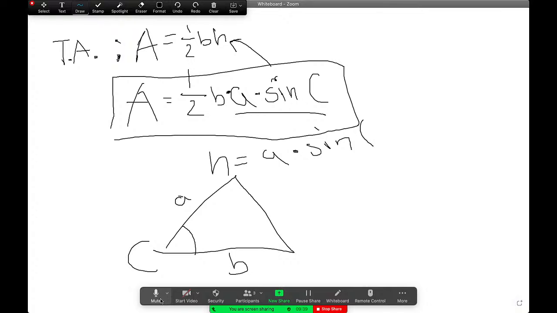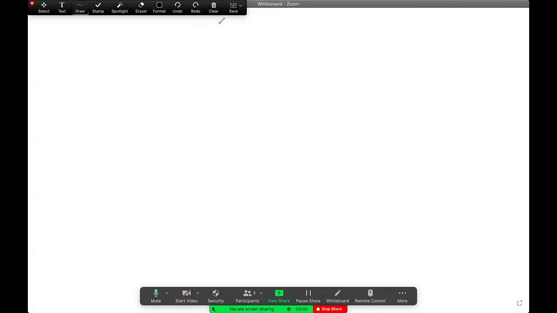So yeah. We also learned about something called the Pythagorean identity. You all remember the Pythagorean formula, right? The Pythagorean theorem.